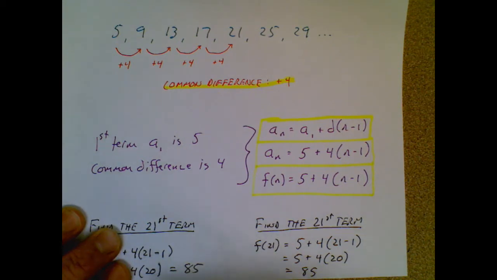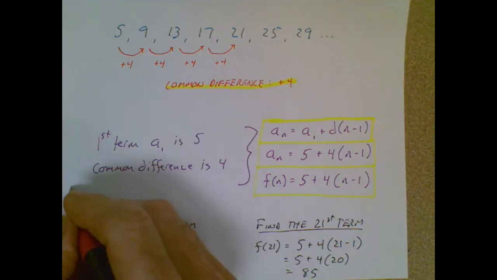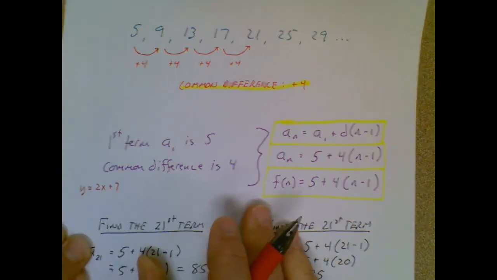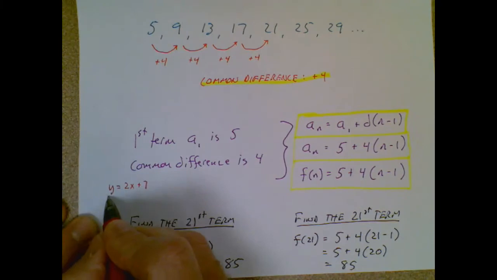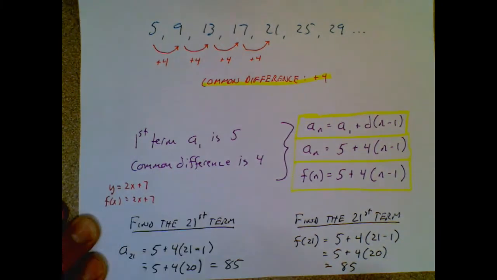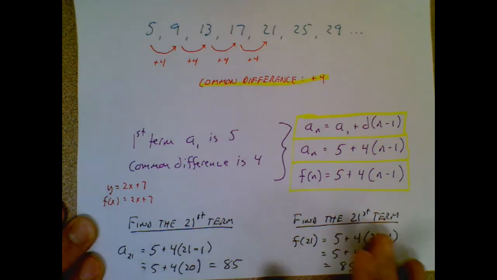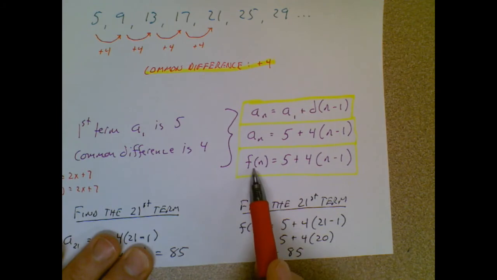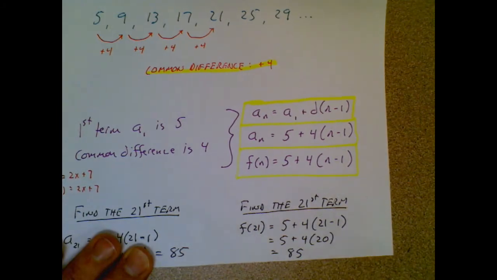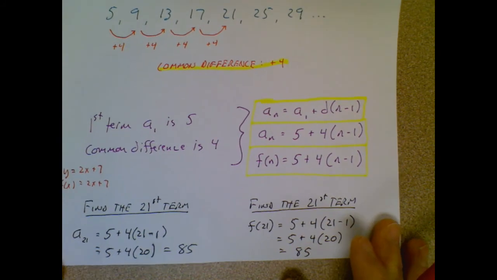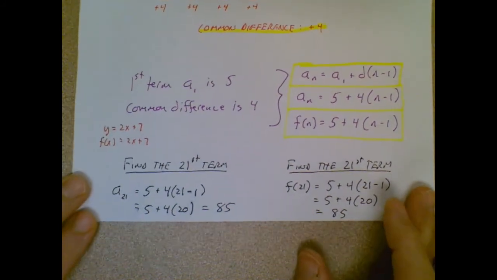And what I mean by that is you're now comfortable with, if we had y equals 2x plus 7, turning that into f of x equals 2x plus 7. We realize that they're the same thing. So likewise, I can write my sequence this way, or I can write it in function notation this way. Same thing.